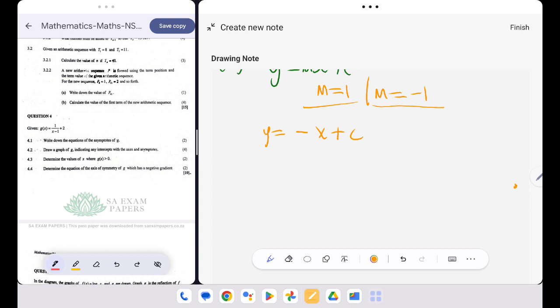In this case, I know a point where the two asymptotes meet, and they meet whenever y is 2 and x is 1. So therefore, the value of c is 3. So y is equal to negative x plus 3.